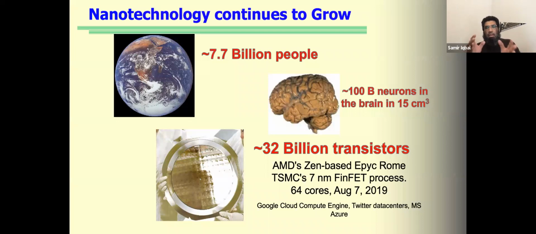That's the beauty of doing that: we can cram 32 billion transistors into maybe a half an inch by half an inch chip, right? That's the black microprocessor you have, maybe 2 centimeter by 2 centimeter.